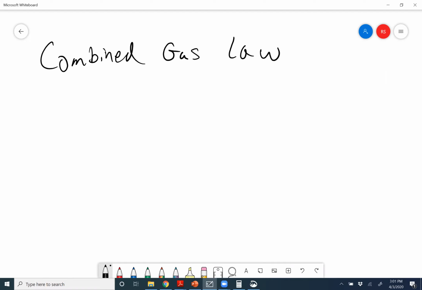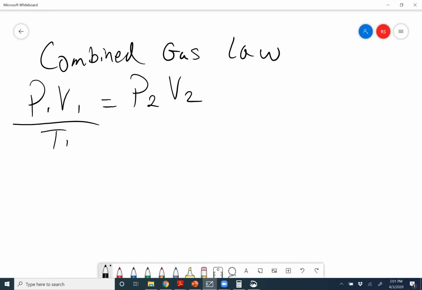We have Boyle's law, and then we add in Charles's law, and then we have Gay-Lussac's law if we ignore the volume. So this is what's called the combined gas law, where the only thing that's being held constant is amount. Temperature does have to be in Kelvin.